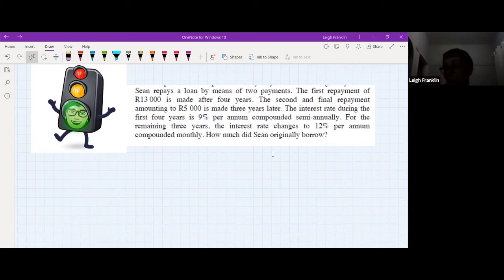So what formula are we going to use? Don't be put off by the word loan. Yes, we're using compound interest, quite right. So we've got to use A equals P(1 plus i) to the n.